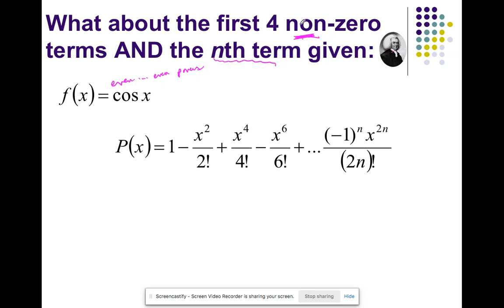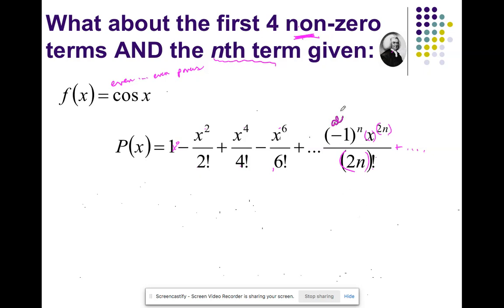So they wanted the first 4 non-zero and the nth term. So this is x to the 0, then 2, 4, and 6 with the appropriate factorials. Here's my nth term: x to even powers divided by those same powers factorialized.